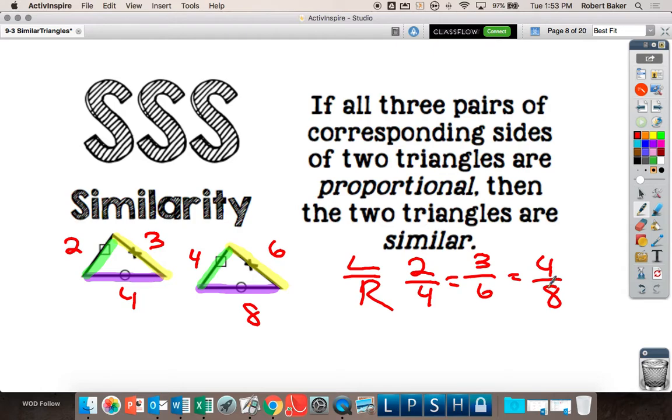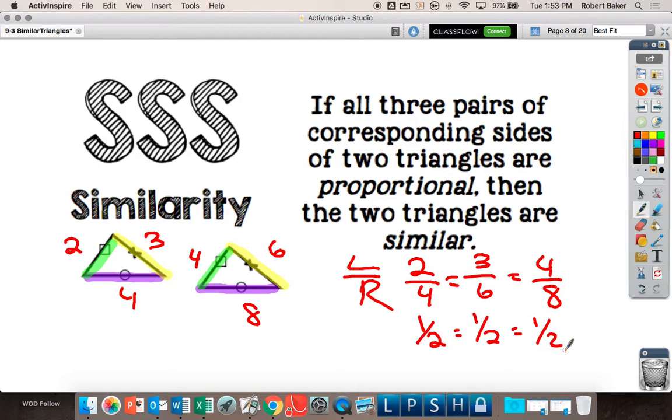Reduce the fractions. So 2/4 is the same as 1/2. 3/6 is the same as 1/2. 4/8 is the same as 1/2. Are they all the same fraction? Yeah. So these two triangles are similar by the side shortcut.